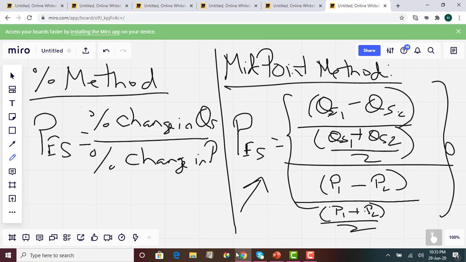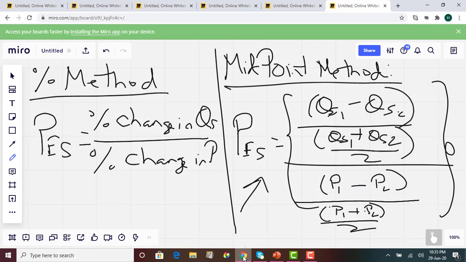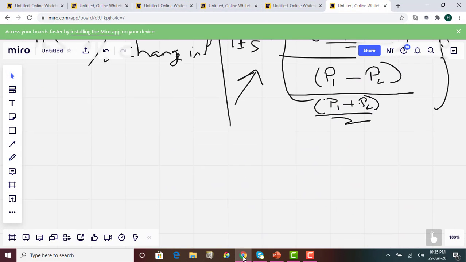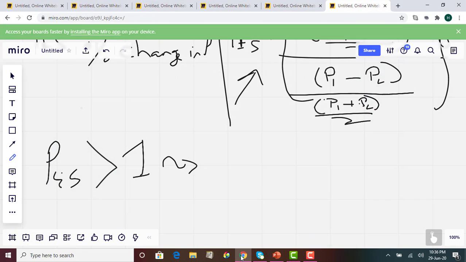Okay, and the coefficient of price elasticity of supply can be greater than 1 or less than 1. I want to give you that criteria. When the price elasticity of supply is greater than 1, if the coefficient that you calculate comes out greater than 1, it is said to be elastic.